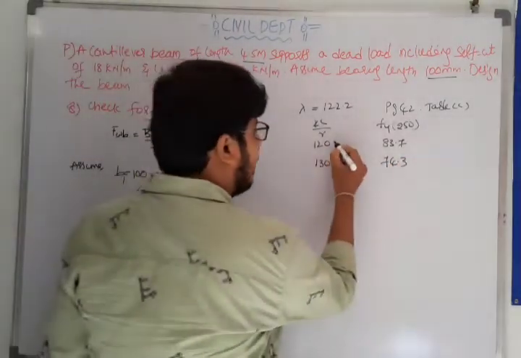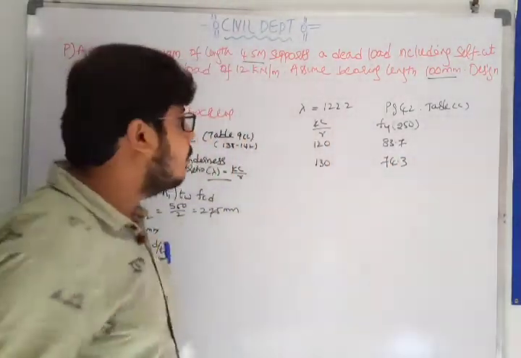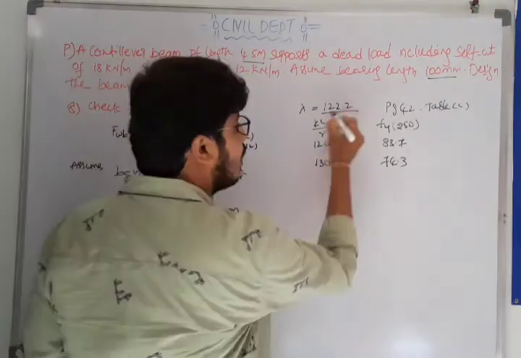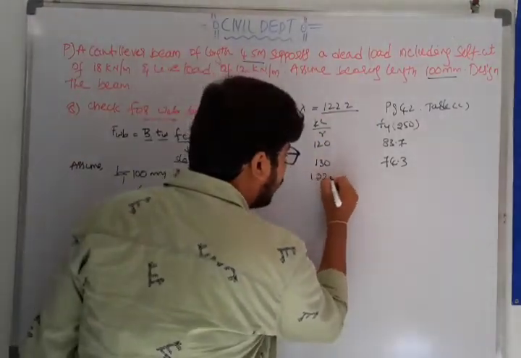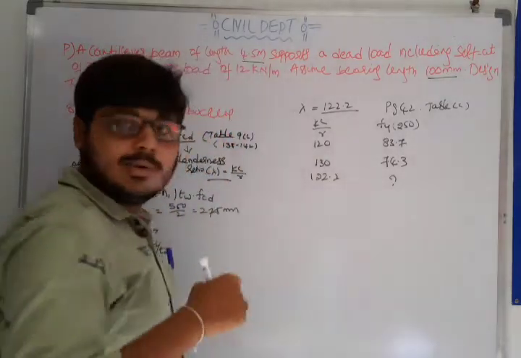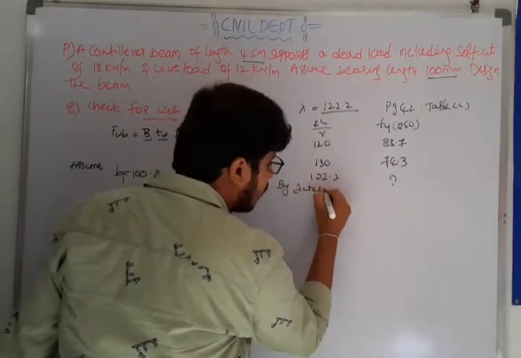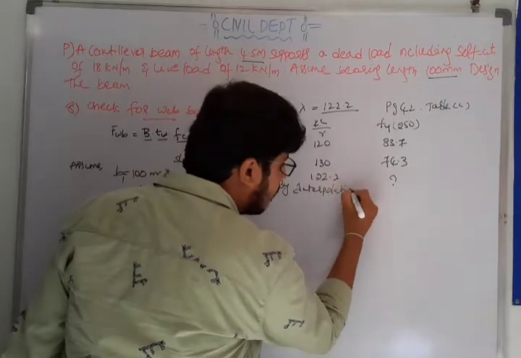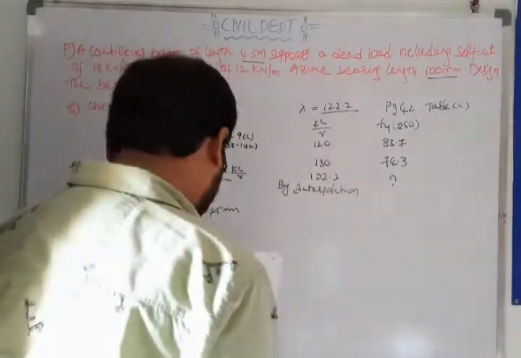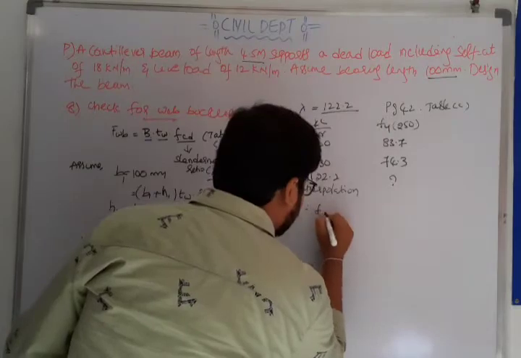So the values are for KL by r of 120 and 130, but we want the value for KL by r of 122.2. So by interpolation we will get the value of FCD.